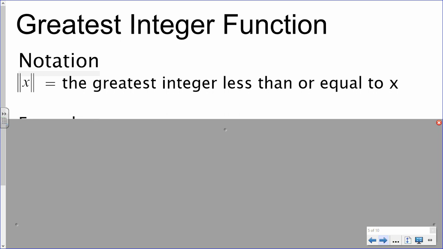And it means the greatest integer less than or equal to what is inside. The greatest integer less than or equal to x.